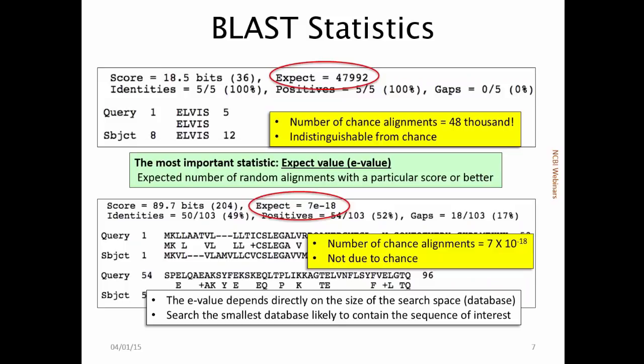The e-value depends directly on the size of the search space, and generally the size of the search space is governed largely by the size of the database. So it's important to search the smallest database that's likely to contain the sequence of interest. We'll come back to that point later because it's very important when you do BLAST searches on the web to restrict your database a little bit so that it's not so big.